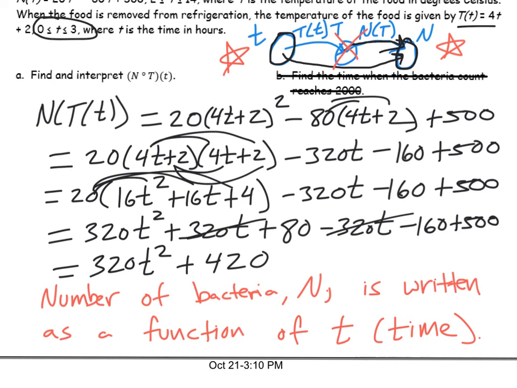We want a function from time to bacteria. Are you conceptually okay with that? Then all the work here, because that concept of the mapping diagram shows up right away in the first line as we plug big T into N. Everything beyond this point is just one that has an abnormally large amount of simplifying. There's lots of distributing and combining like terms. We'll call it there.